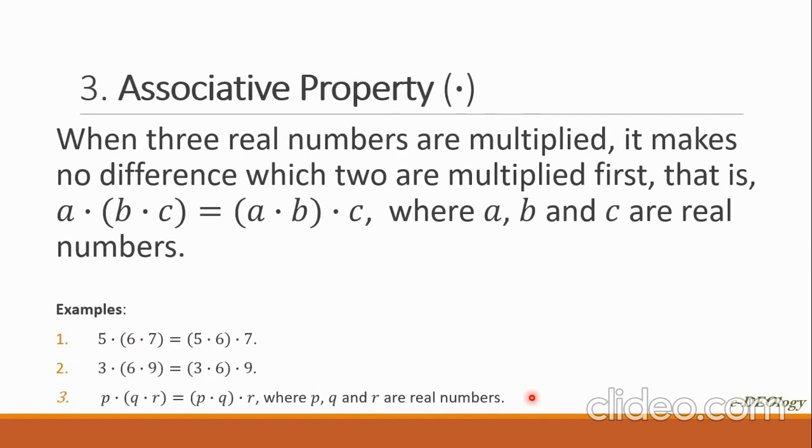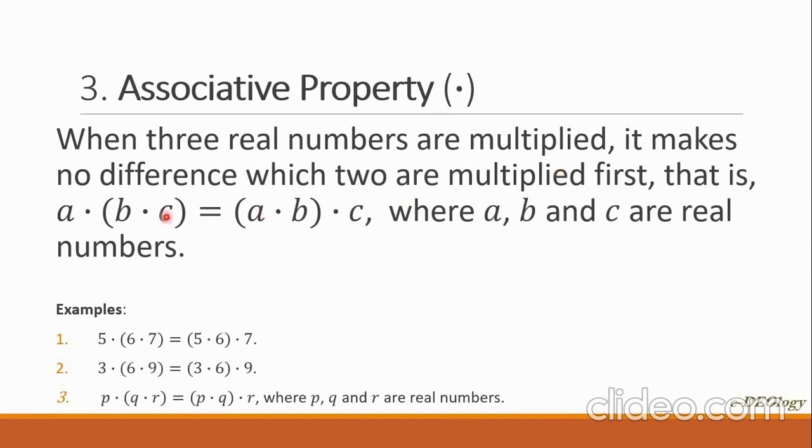The third property under multiplication is associative property. It says when there are three real numbers to be multiplied, it makes no difference which two are multiplied first.